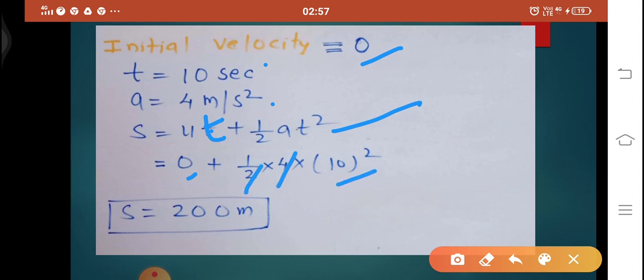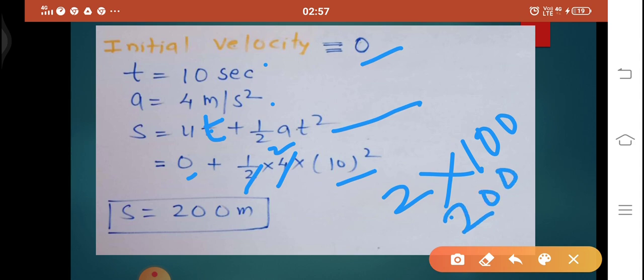Now half into 4 will become 2, 10 square means it is 100, 2 into 100, it will be 200 meter. Hence the car will travel 200 meter distance in 10 seconds.